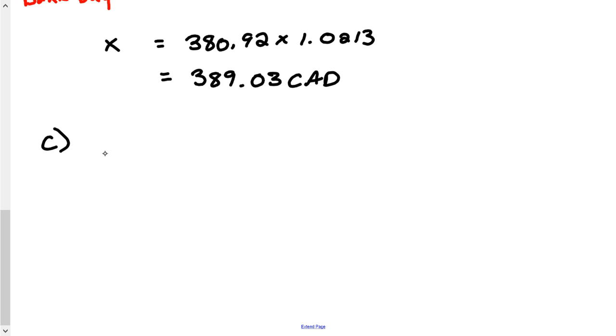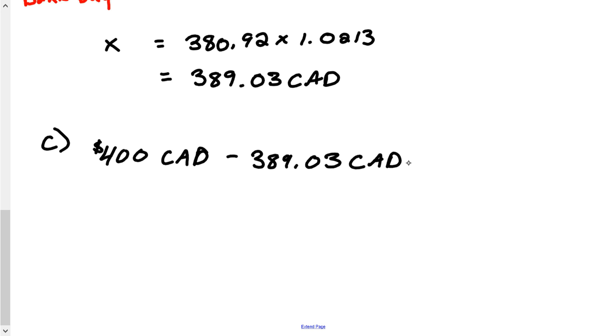Question C asked us, how much would she lose if she did that? So she originally had 400 CAD minus 389.03 CAD. So $10.97.